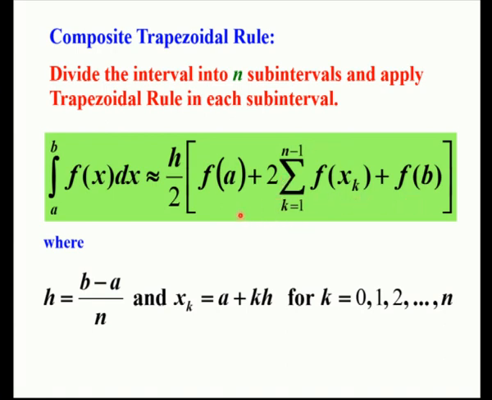You can just observe that the function value is evaluated at the left end point a plus the function value at b, and in between points the function evaluation appears 2 times, and this is the composite trapezoidal rule.